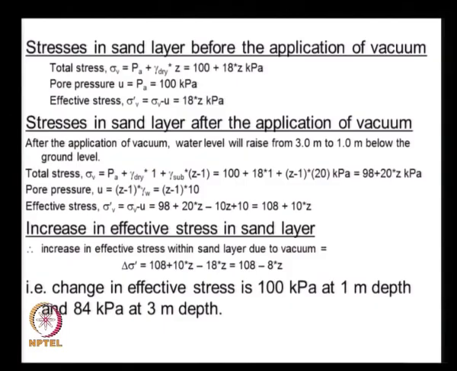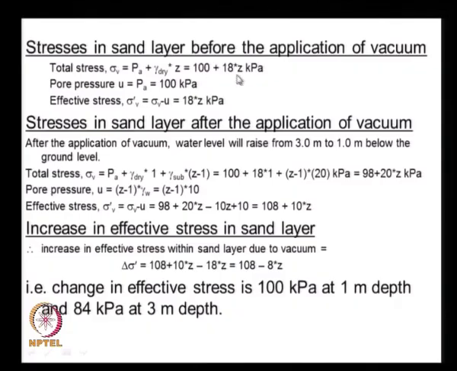Let us calculate the stresses within the sand layer before the application of vacuum. The total stress is PA, that is the atmospheric pressure that is acting on the soil, plus gamma dry times Z, and gamma dry is taken as 18.